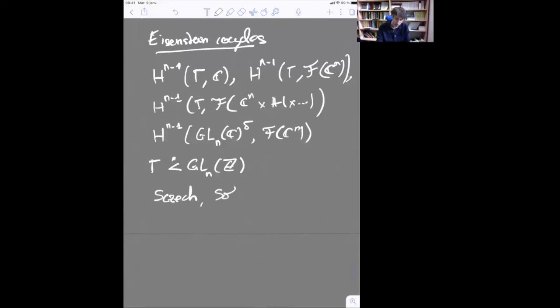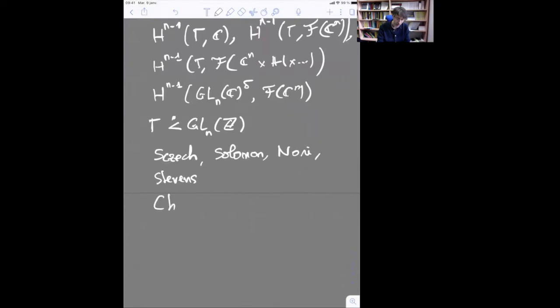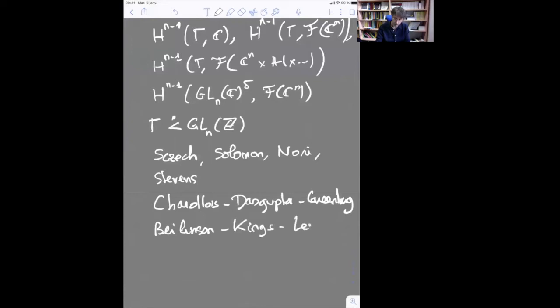I should also certainly name Solomon, Nori, Glenn Stevens, and more recently two groups of people: on one side Charollois, Dasgupta, Greenberg, and on the other side Beilinson, Kings, and Levin.